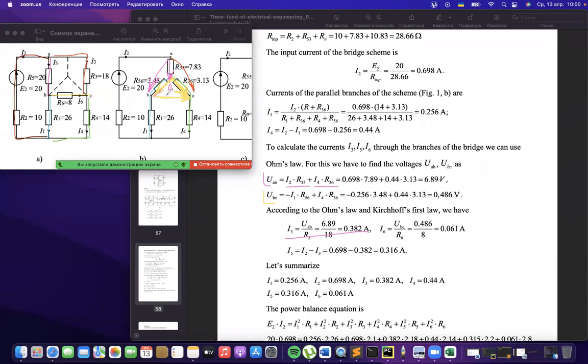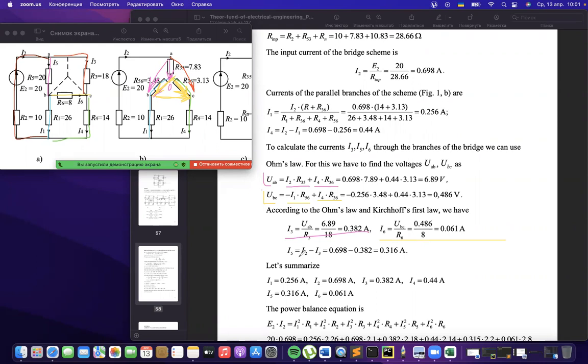To find BC, taking BO with negative sign and plus OC. From this voltage, finding current I6. I drew the same colors to see the part of the system that we're using for the same values.